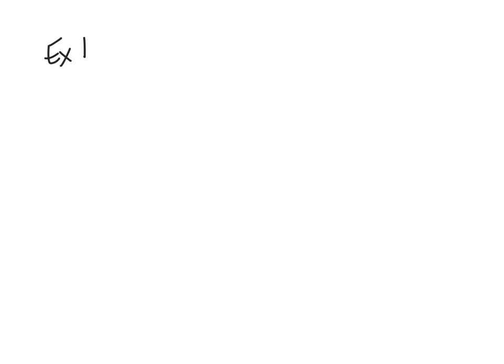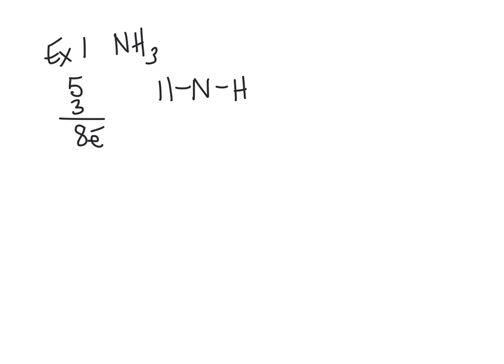Let's do ammonia. So we need a Lewis structure first. Nitrogen brings 5 electrons. Each hydrogen brings 1, for a total of 3, so we have 8 electrons to place. So put in your 3 bonds to hydrogen.